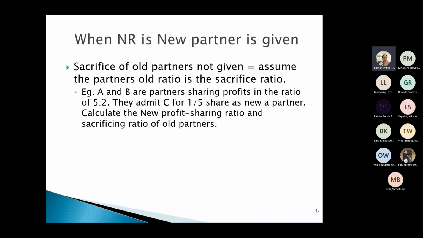The old partners have the ratio 5:2, which means 5 over 5 plus 2, that is 7: 5 over 7 and 2 over 7. They agreed to admit the new partner with a proportion of 1/5.